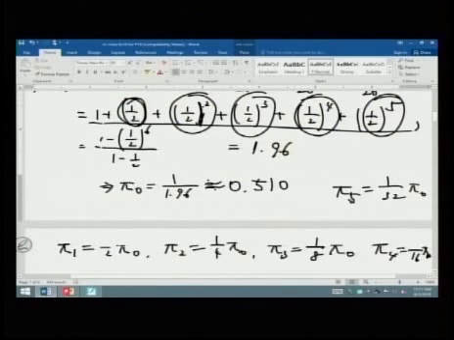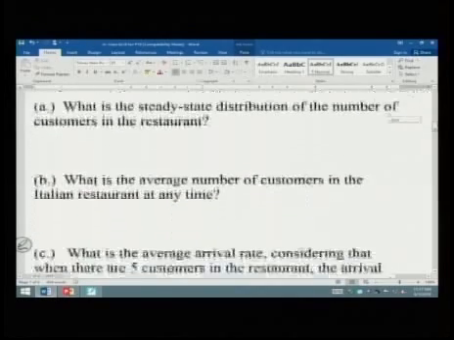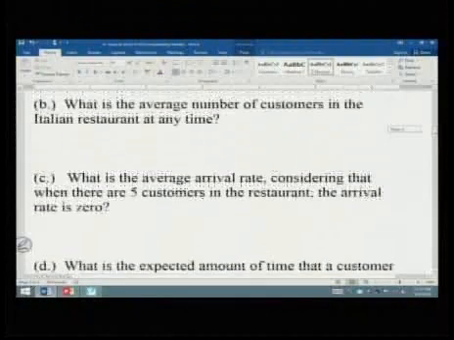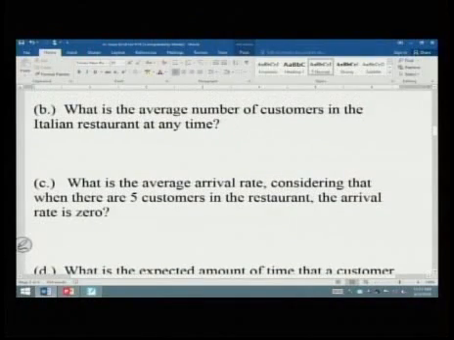So you should be able to get individual pi values this way, right? That's very easy to do. Okay. So now you got part A, right? Okay. Now let's work on part B.